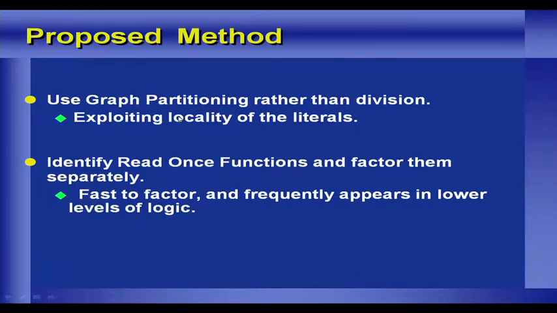Our method is going to look at it with a completely new light. We're going to use graph partitioning, and we are going to exploit the locality of literals. We're going to identify read-once functions and factor them separately, because we know how to do that from our last lecture, and because they are fast to factor and frequently appear in the lower levels of logic.